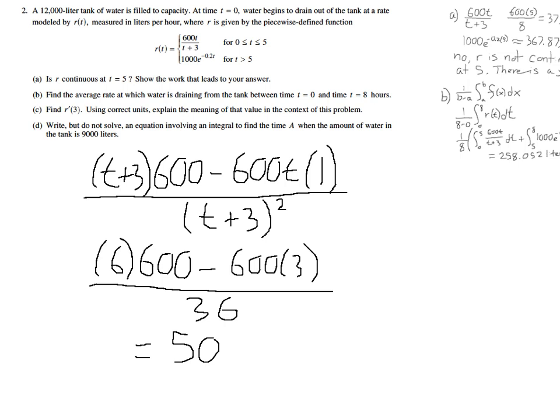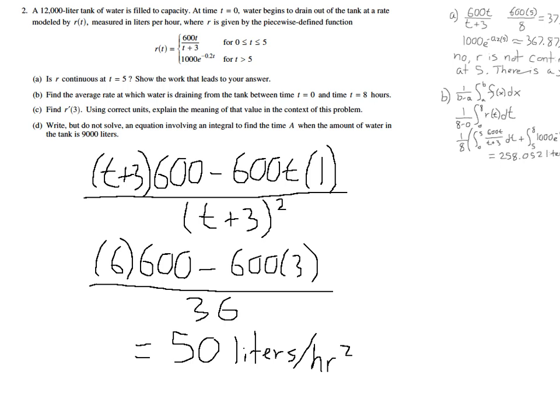So if my original function was in liters per hour, then this is going to be in liters per hour squared, just like acceleration is in meters per second squared if your velocity was in meters per second. So this is going to be 50 liters per hour squared.